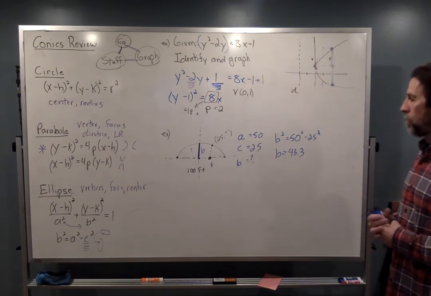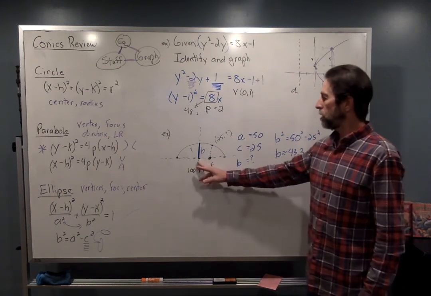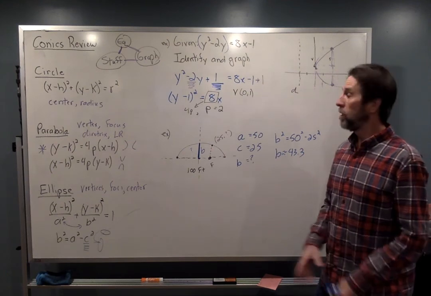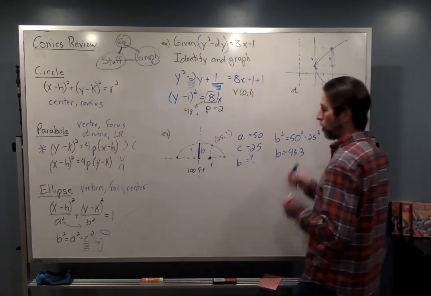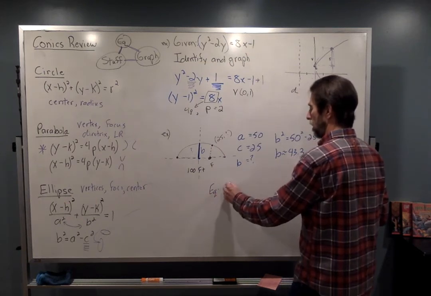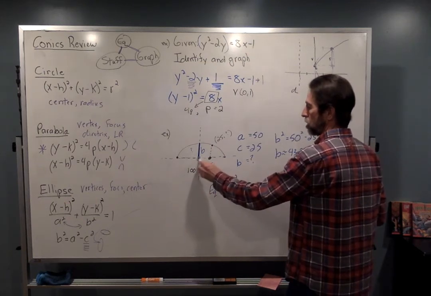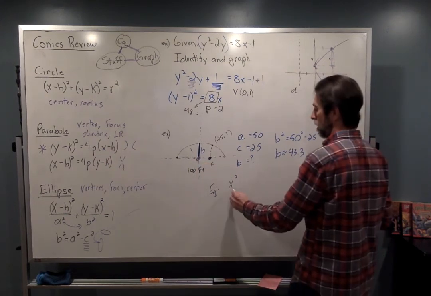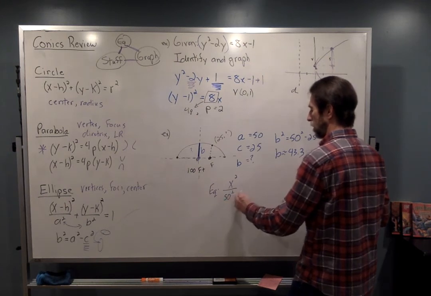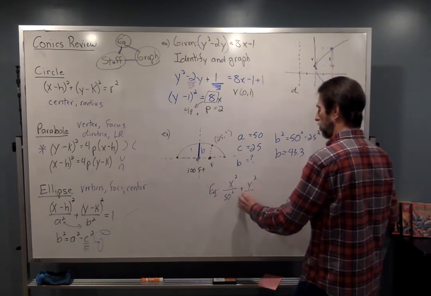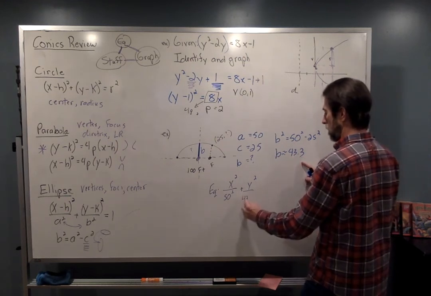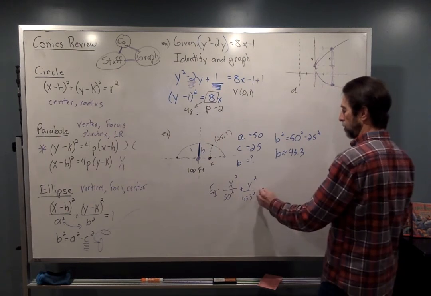Now I could go a step further. I could ask, how tall is this underpass, or whatever you want to call it, at the focus? Well, now that I have B, I could actually write the equation, which would be x squared over 50 squared, because again I can consider that the origin, plus y squared over B squared, which is about this, equals 1.